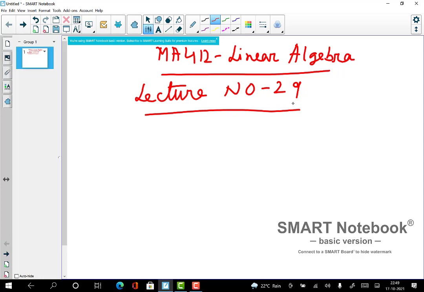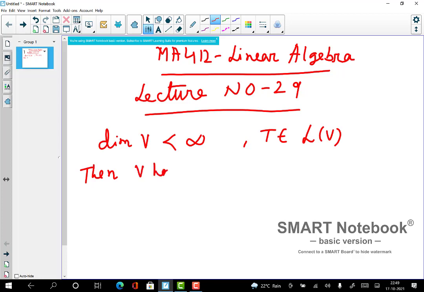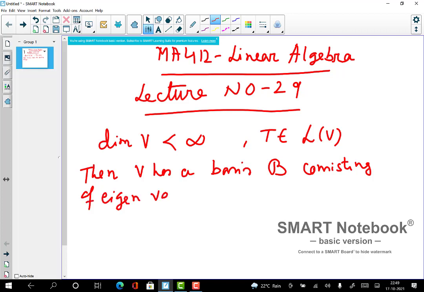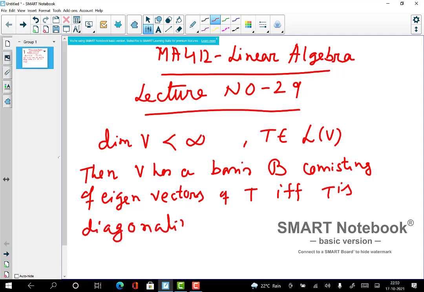You recall that if we have a vector space V with finite dimension and a linear operator T on V, then V has a basis B consisting of eigenvectors of T if and only if T is diagonalizable, right?